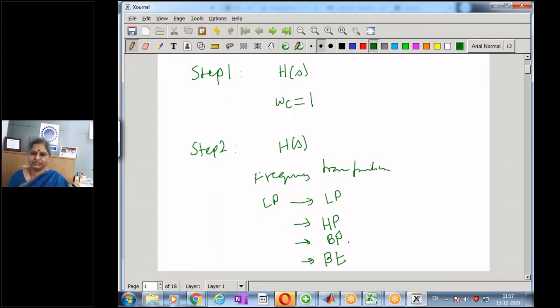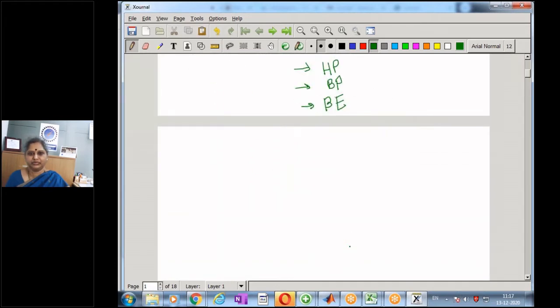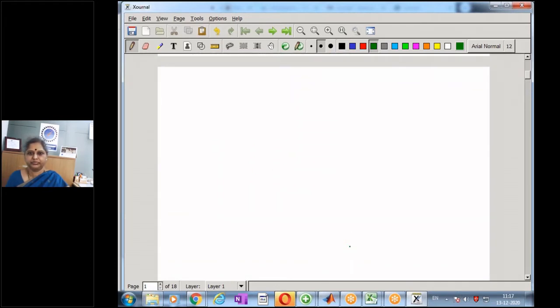So we shall see the frequency transformation, and then we shall move into obtaining the order of the Butterworth filter. Let us see what frequency transformation is.